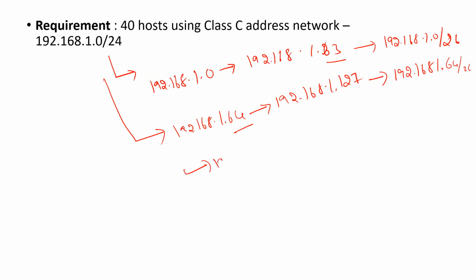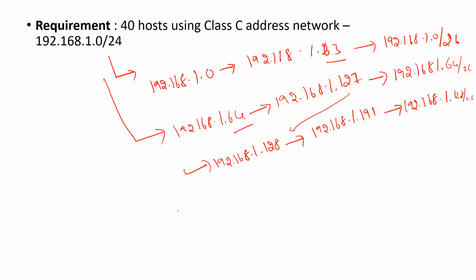And again 192.168.1.128 to 192.168.1.191. So what is the subnet here? 192.168.1.128/26. So here we are just doing +1, that's it.